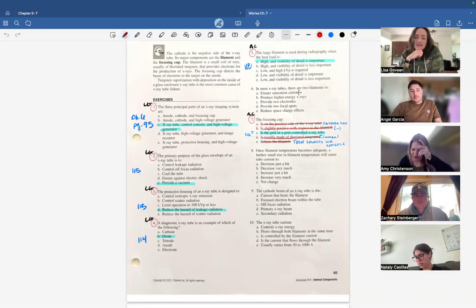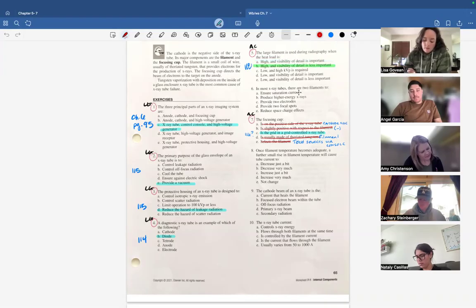Okay, this one I kind of had a little issue with, but the focusing cup, I don't think mine's right. I was debating because I was reading on 116, it's the filament that's made of the thoriated tungsten.